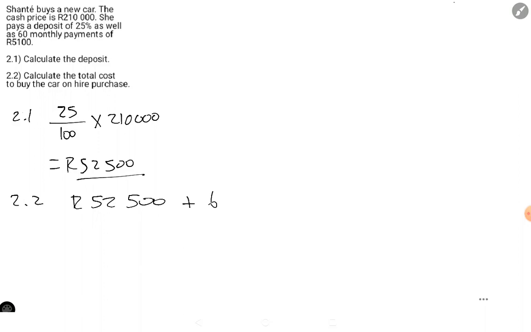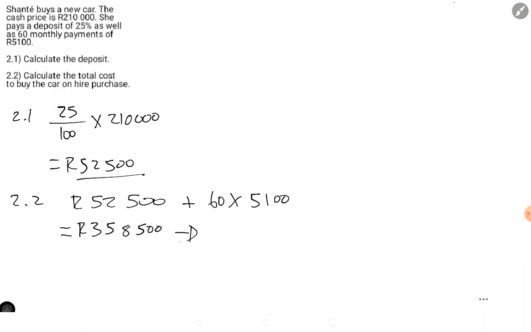So we're going to say 60 times 5,100. Let's calculate that. That's 52,500 plus 60 times 5,100. That gives me a total of 358,500. That's basically what it's going to be.